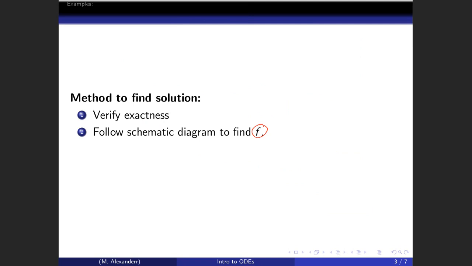So what I'm going to do is the following. Here's the f function, and what we know is the M function and the N function from our differential equation in differential form. The way that I think about it is the following. I'm going to follow 3 steps, technically. This is my first step, step A: I'm going to use the M function to get the f function.